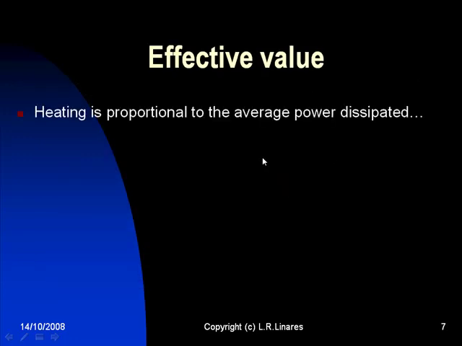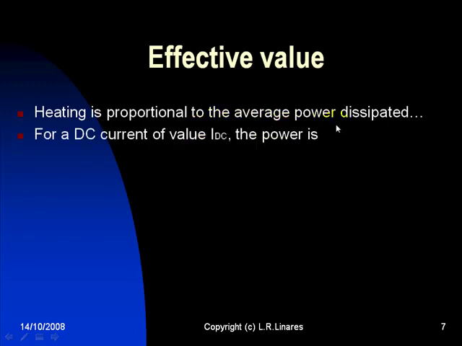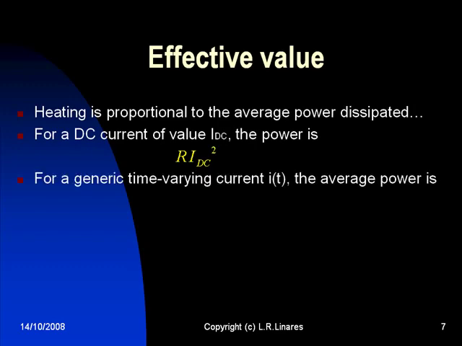Why? Because heating is proportional to the average power dissipated. And for a DC current I_DC or I_F, the power in the resistor R is R I_DC squared. And on the other hand, the actual current i of t has an average power that is computed like this: instantaneous power R i squared, averaged over a period.